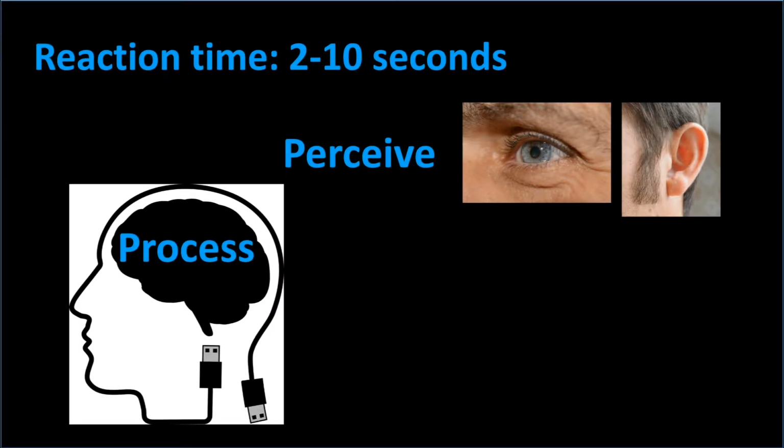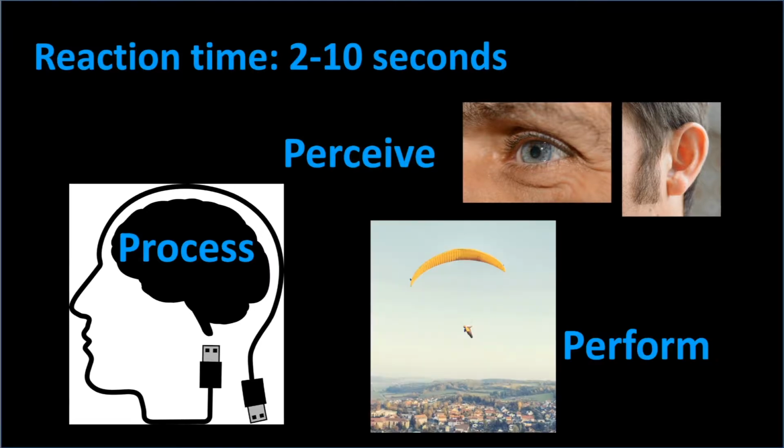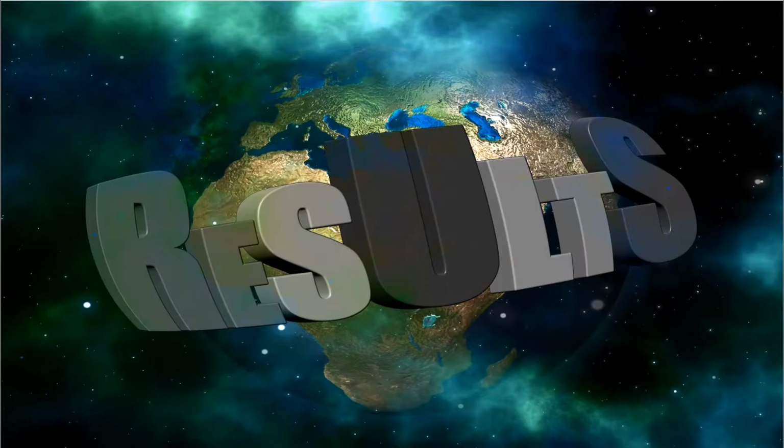Process is figuring out what's going on and determining what, if any, response is required. And perform is taking the action we determine is necessary. And while it's not an official part of the 3P model, monitoring change to ensure we get the desired results is part of the follow-on actions to our initial reaction.